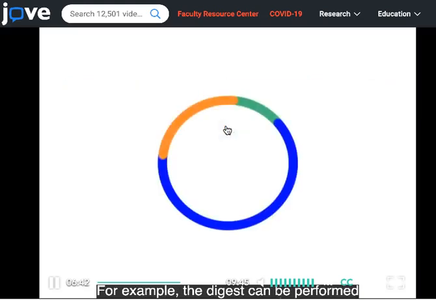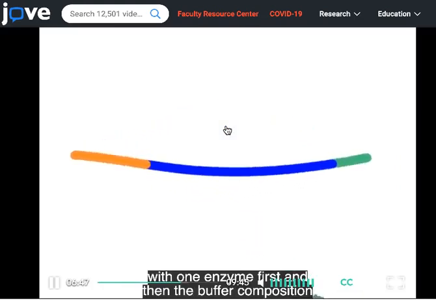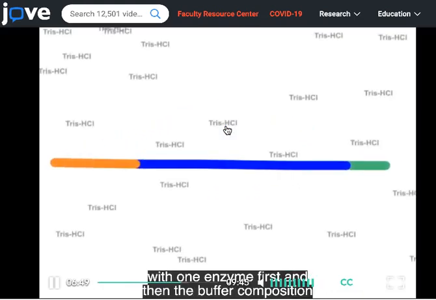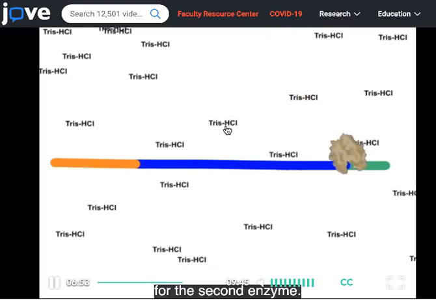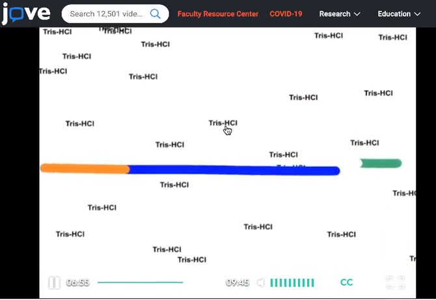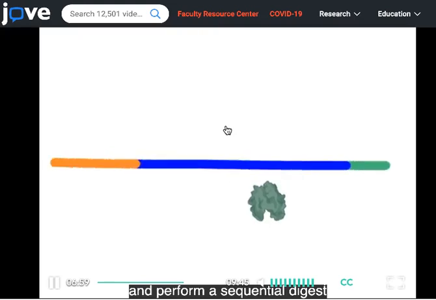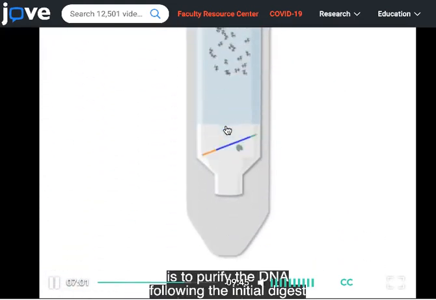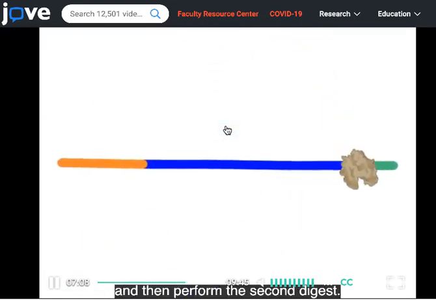For example, the digest can be performed with one enzyme first, and then the buffer composition can be altered in order to provide optimal conditions for the second enzyme. Another way to overcome buffer incompatibility and perform a sequential digest is to purify the DNA following the initial digest and then perform the second digest.